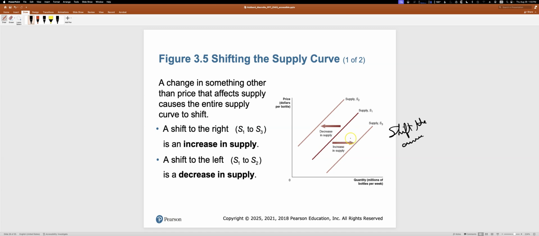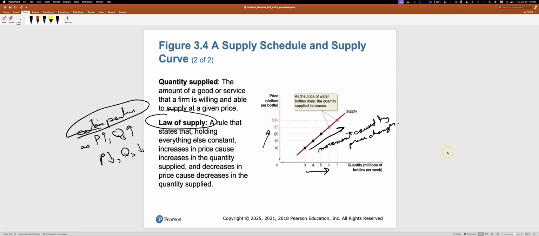Shifting to the right would be the increase, so here we're saying supply increases, as opposed to the previous slide where we're saying quantity supplied is changing. Quantity supplied, in this case, is if we're moving to the right along it, we're increasing.